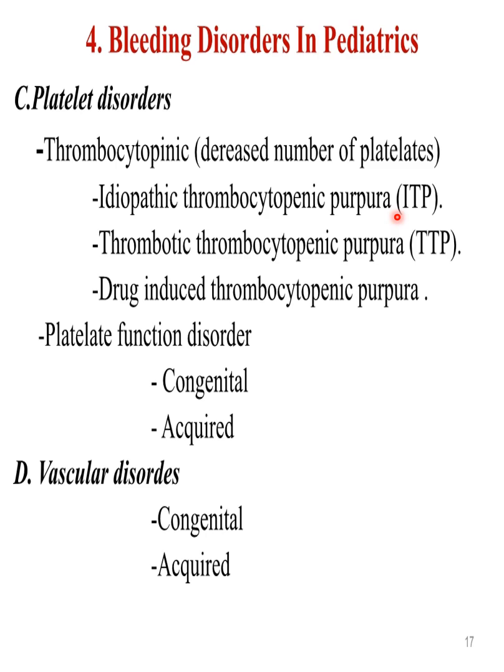I repeat, idiopathic thrombocytopenic purpura is the commonest acquired bleeding disorder in the world. And then you have other causes of low platelet count. Then we have the platelet count being normal, but functionally they are defective, which again can be congenital and acquired. And then we have some vascular problems. Again, they can be congenital or acquired. We're going to cite some examples for them.